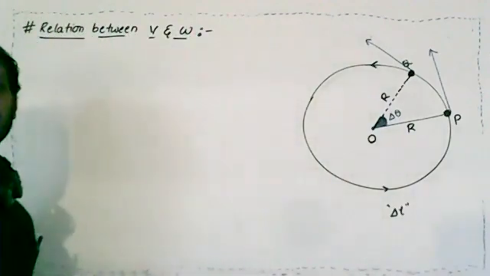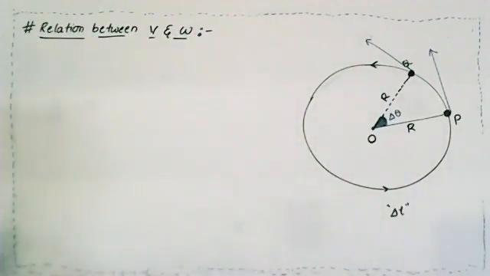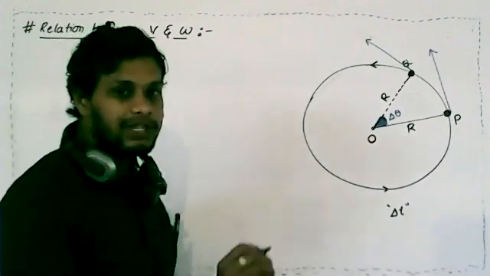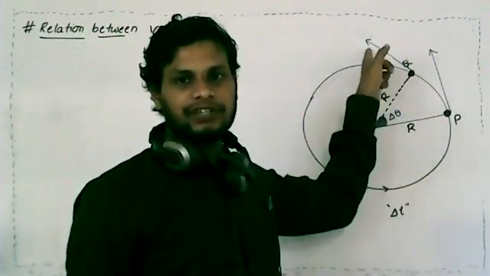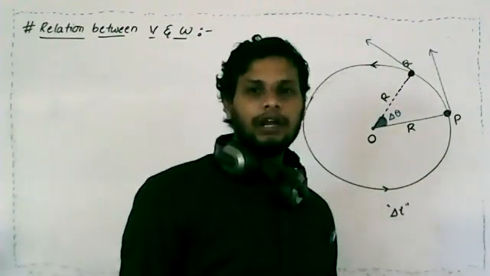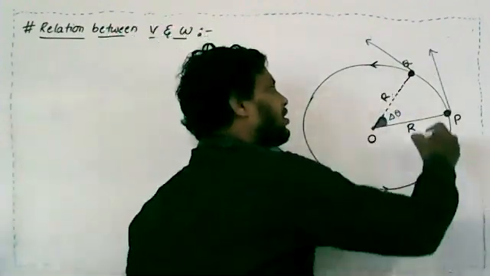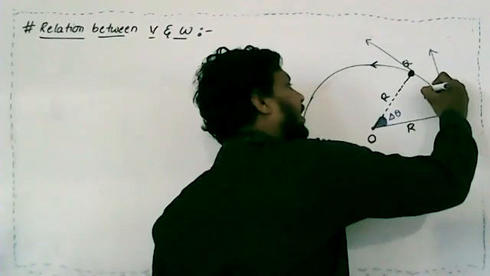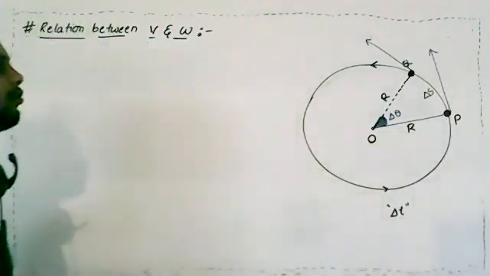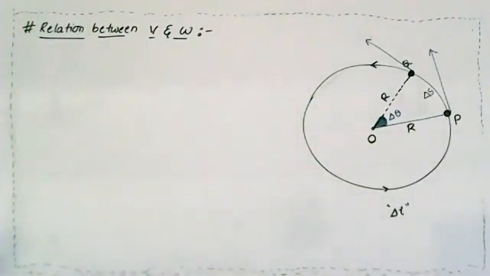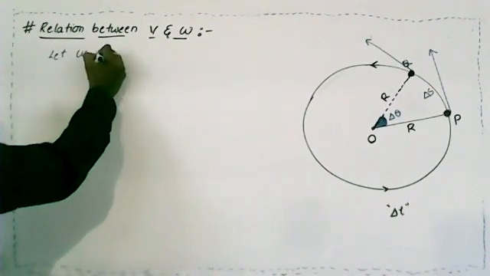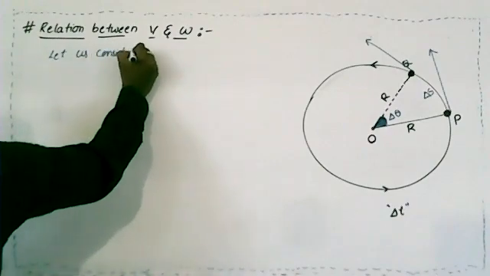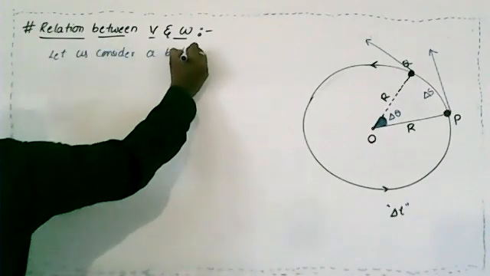Remember, the tangent to uniform circular motion gives the direction of velocity. Let us consider the velocity here as v1 and the velocity there as v2. Now I will consider the PQ distance as, for example, delta s. Let us consider a body moving in circular motion.